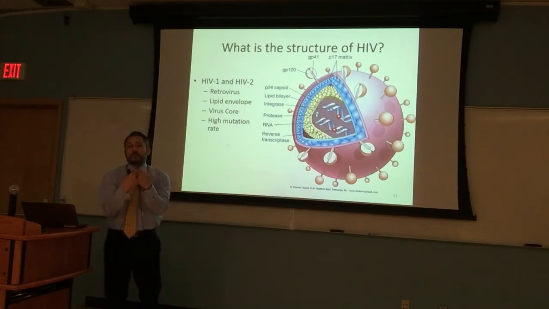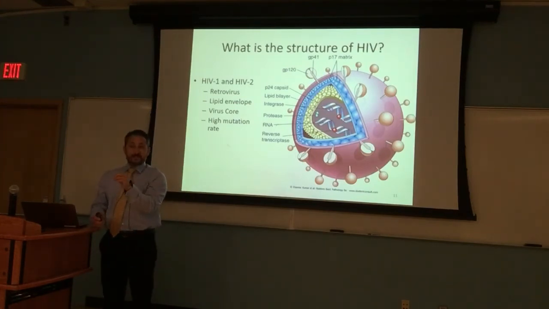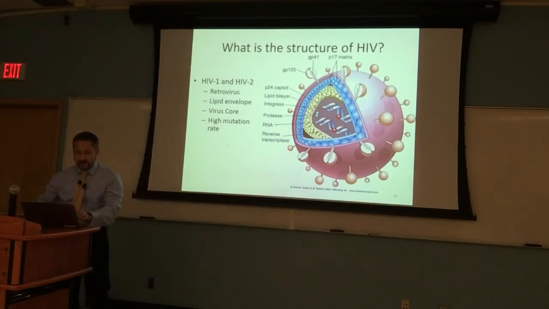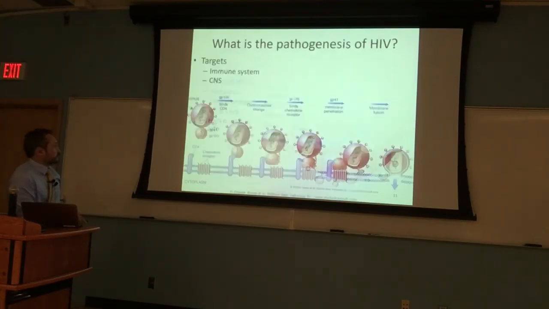It's a cloak of your own cell's lipid layer, not the virus, which is really clever if you're kind of nerding out on how HIV hides from everything that we know about on how to get rid of it. There's a huge mutation rate associated with the virus, and so it's very difficult to stay on top of it. It mutates at a faster rate than even the flu virus.